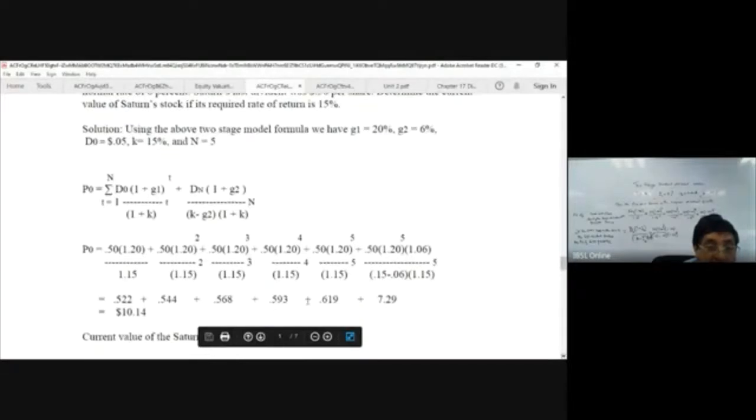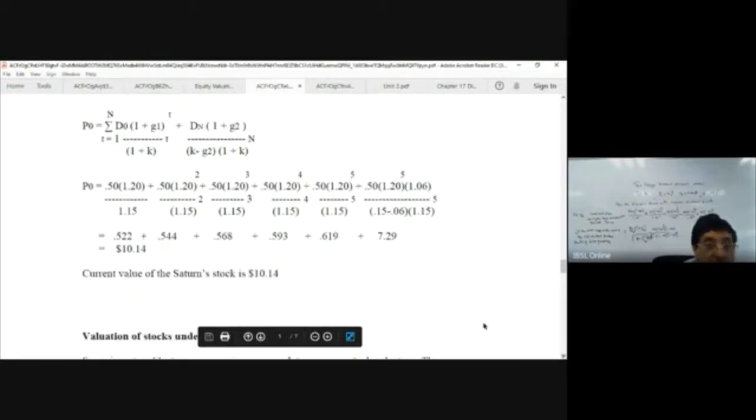Right, now this calculation is given here also. And 0.522, 0.544, 0.568, 0.593, 0.619. Now that is the first 5 years' cash flows, dividend cash flows, present values. And not only that, at the end of the 5th year, you assume that you realize that stock by selling it.